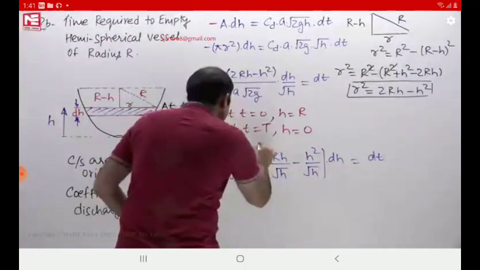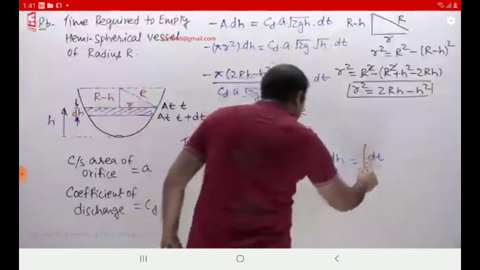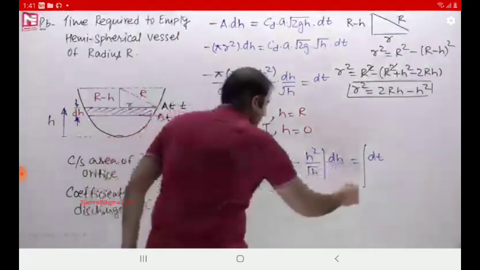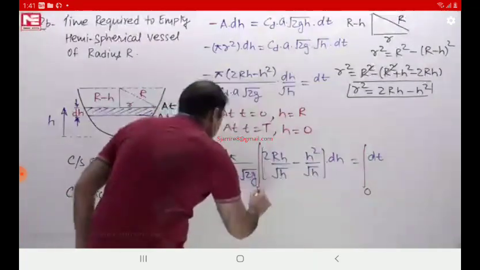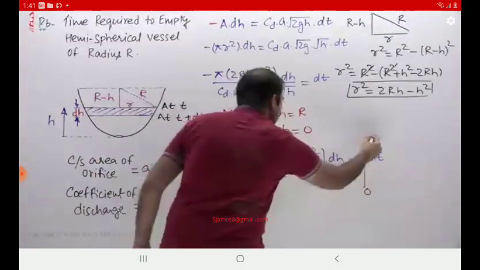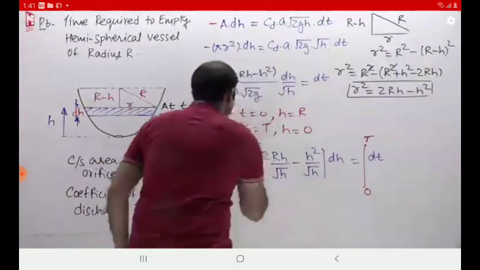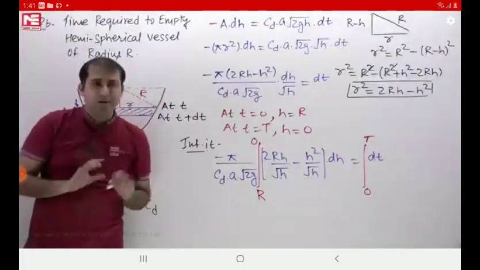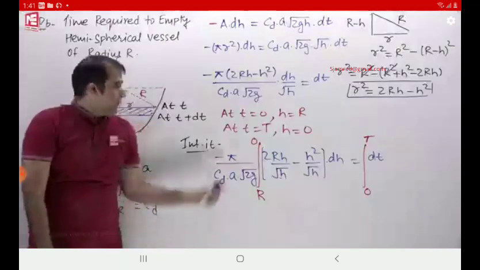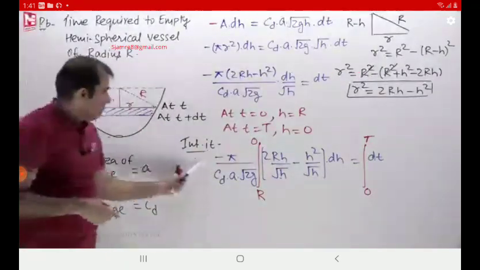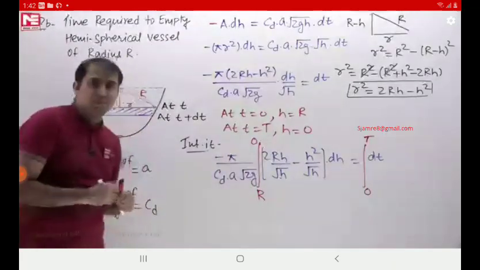Limits: time t equal to 0, this is r. Time t equal to T, this becomes 0, h. Clear? I already told you earlier. Next, change the limits inside, with the minus.